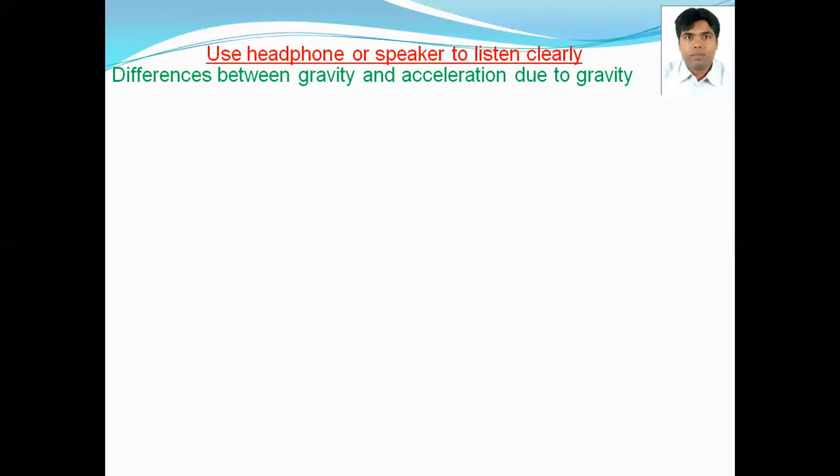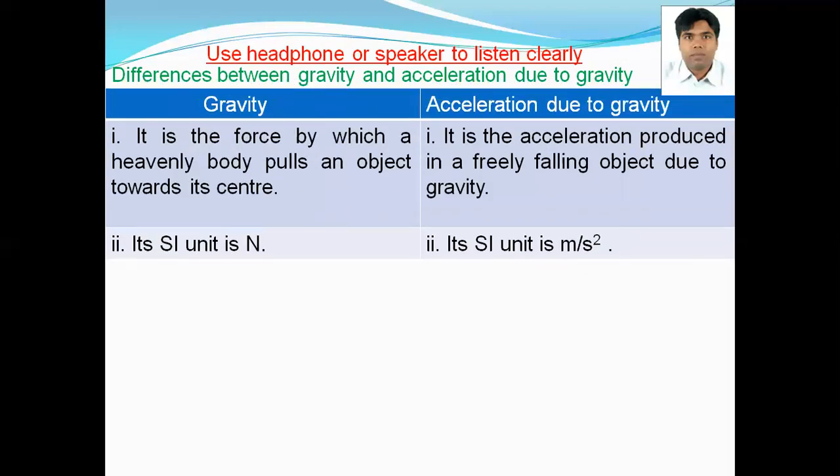Gravity is the force exerted by any heavenly body on an object. The earth pulls the object near to it towards its center. You all are well known. If there is any object, we feel weight because of gravity. The pulling force of the earth is called Earth's gravity.